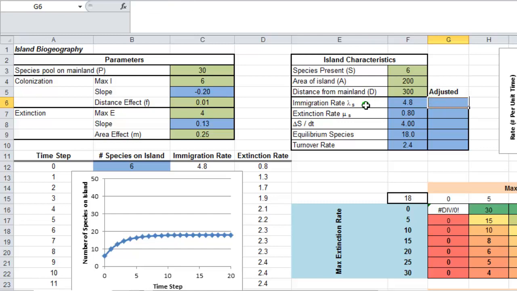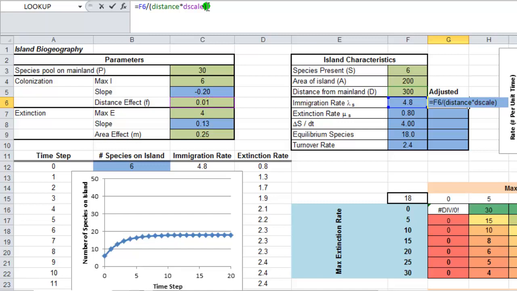For the immigration rate, we're going to let that be a function of how far the island is from the mainland source. So we're going to take our actual rate and then we're going to adjust it, divide it by the actual distance that cell is, or that island is, from the mainland, and I've named that cell distance, and we're going to multiply it by the distance effect, and I've named that cell d scale.